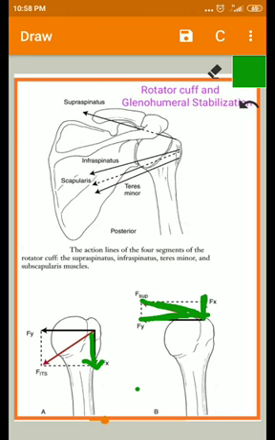Given its line of pull, the supraspinatus is not able to offset the upward dislocating action of the deltoid.